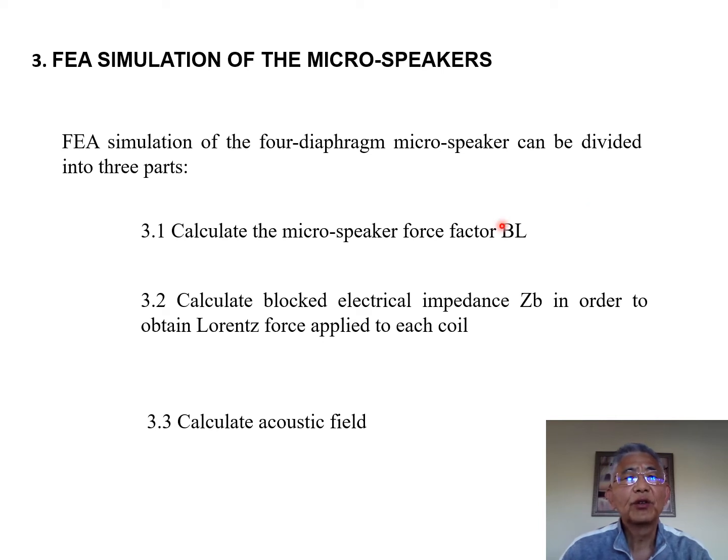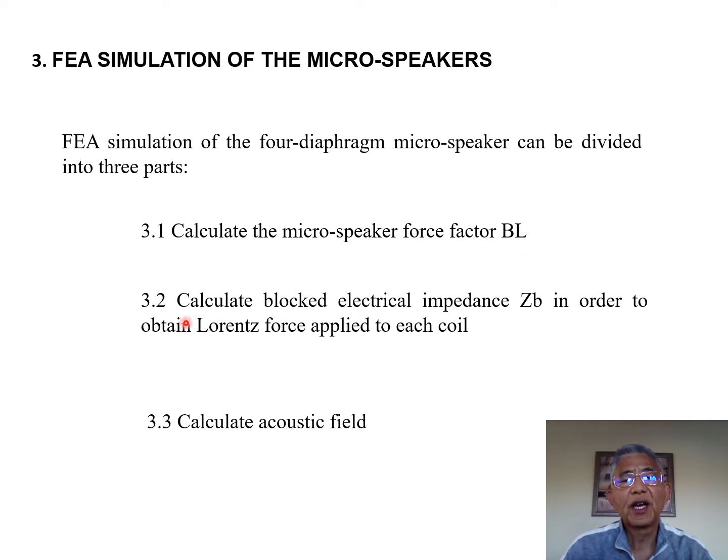So I am going to use finite element simulation to characterize this new multiple diaphragm micro speaker. This FEA can be divided into 3 parts. Part 1 is to calculate the micro speaker force factor BL, which is the coil force factor BL.